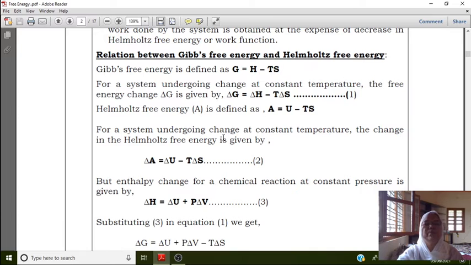For a system undergoing change at constant temperature, the Helmholtz free energy is given as delta A is equal to delta U minus T delta S.